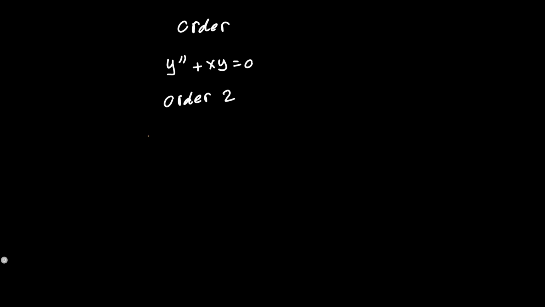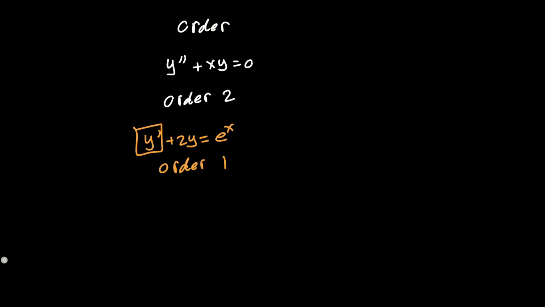What about this one? y prime plus 2y is equal to e to the x. We said the highest derivative is y prime. So this has order 1 because we have a first derivative present.